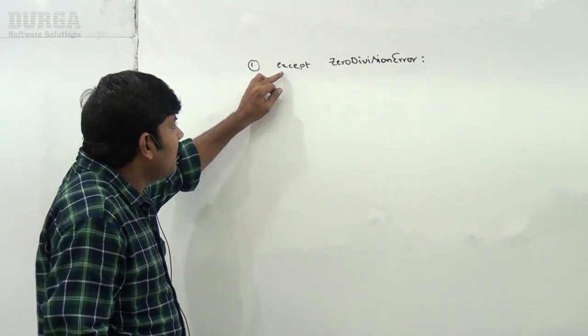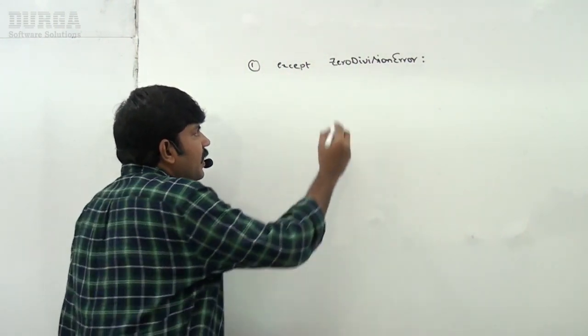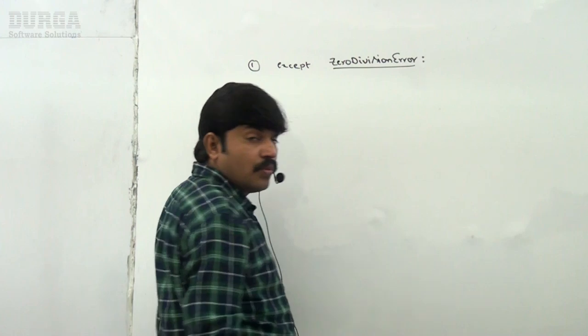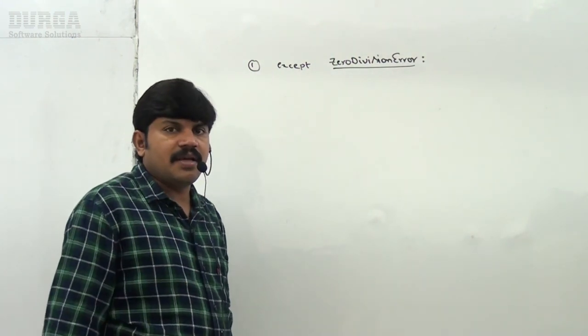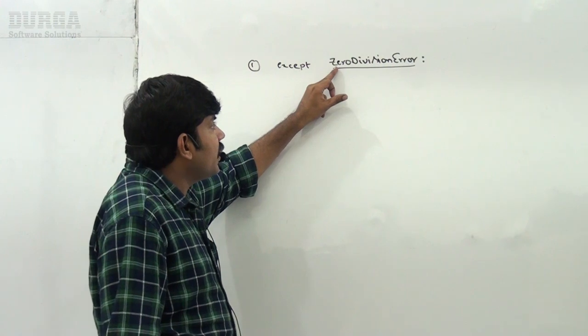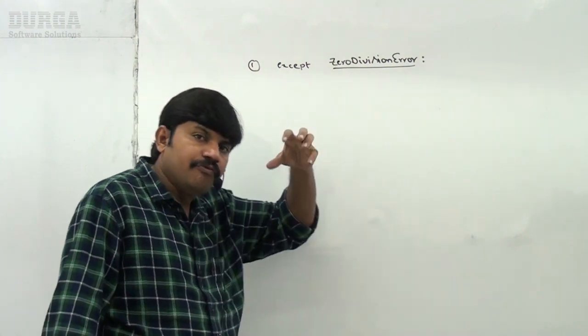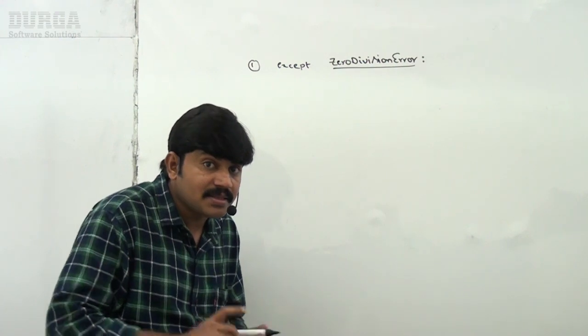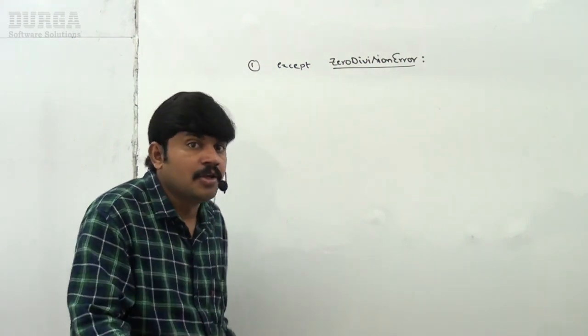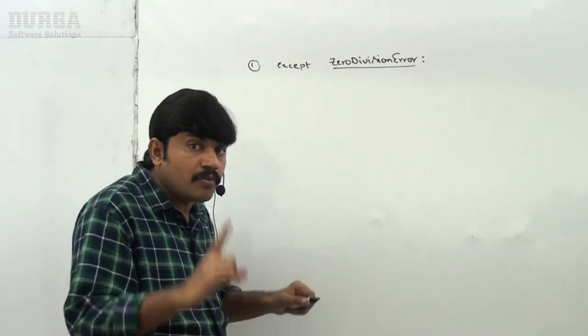Can you tell how many exceptions this except block can handle? Only one exception. If only one exception is there, you can take this exception within parentheses or without parentheses also. Parentheses are optional if you are writing an except block for one exception.